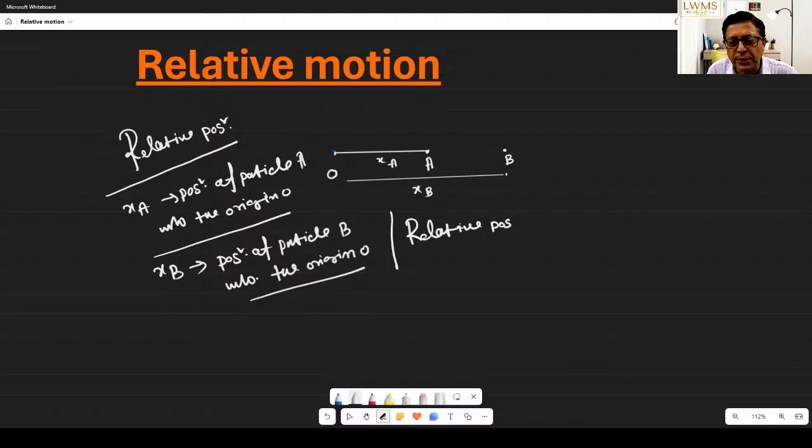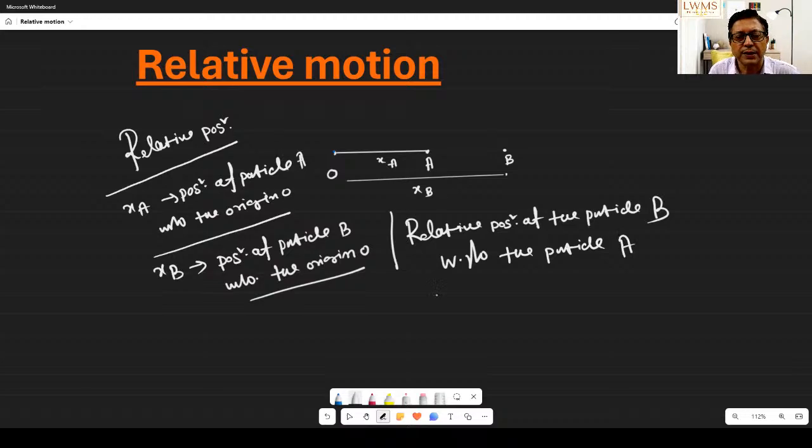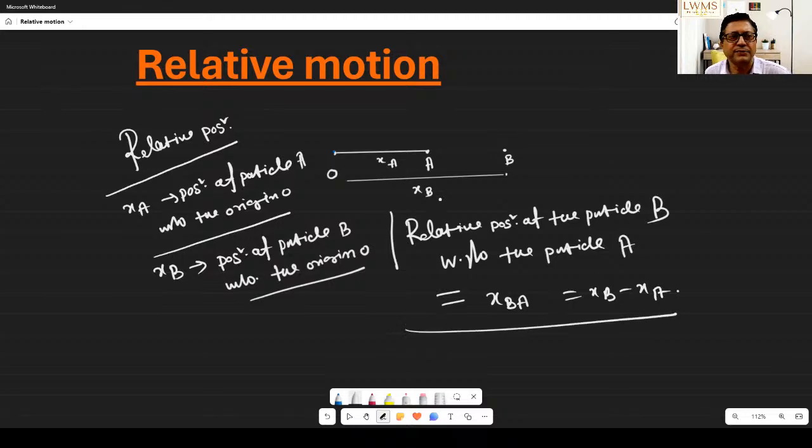Relative position of the particle B with respect to the particle A is given by xba, which is nothing but xb minus xa.